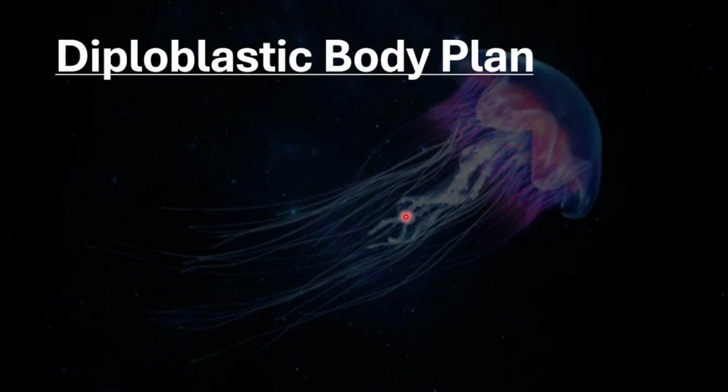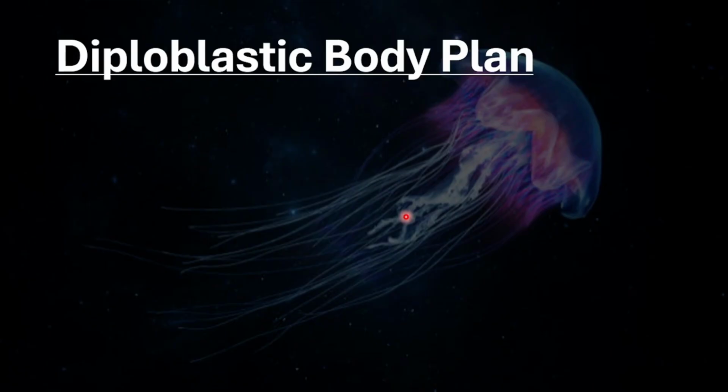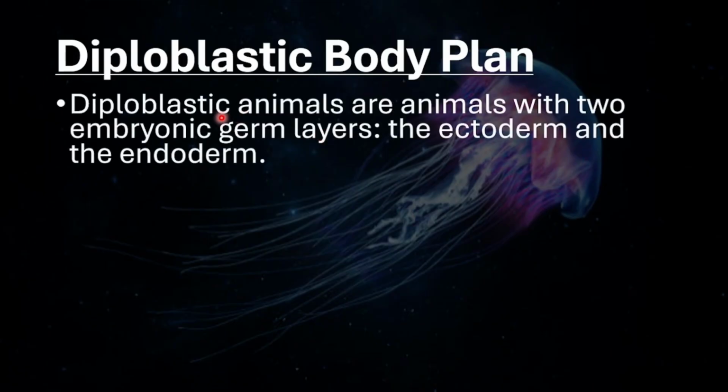Okay, so now we understand these 3 layers. Now it's time for us to talk about the diploblastic body plan. Diploblastic animals are animals with 2 embryonic germ layers. So these diploblastic animals only have 2 germ layers, ectoderm and endoderm. So which germ layer are they missing?